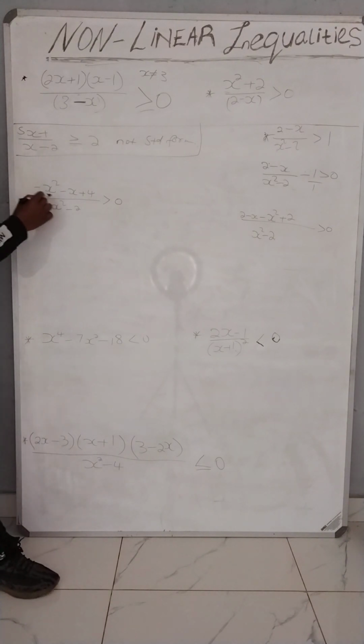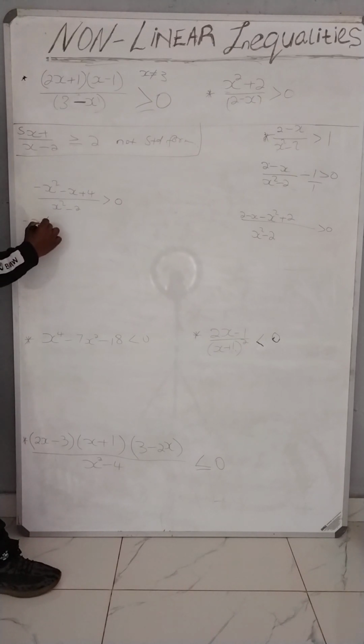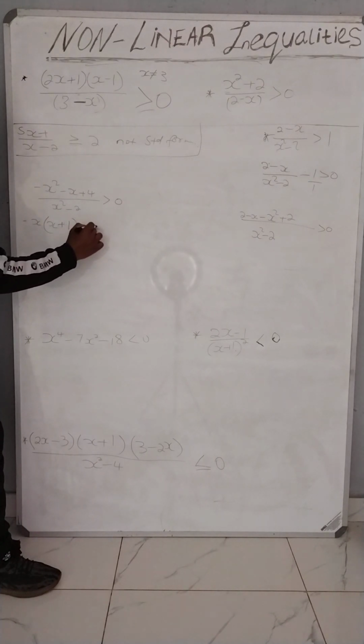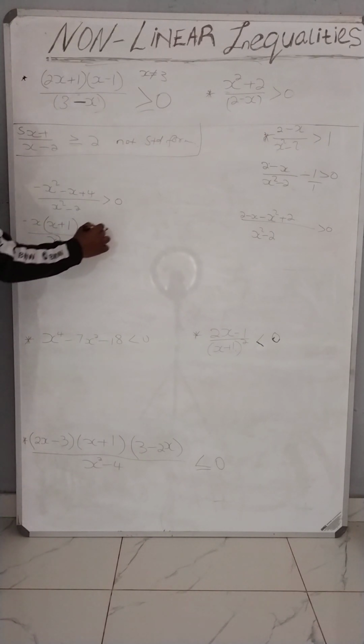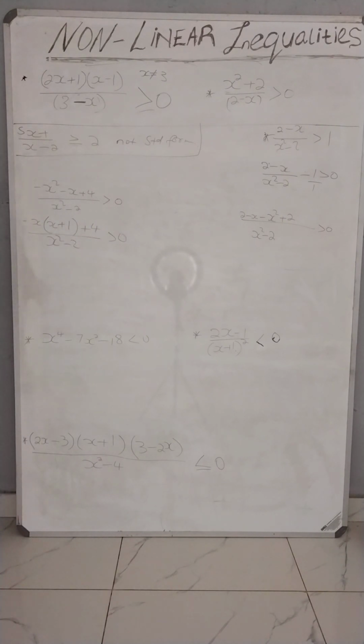Now, if we say negative x into x, negative x into x minus plus 1 plus 4, over x squared minus 2 is greater than 0.